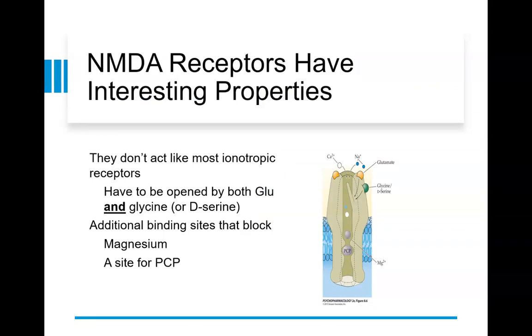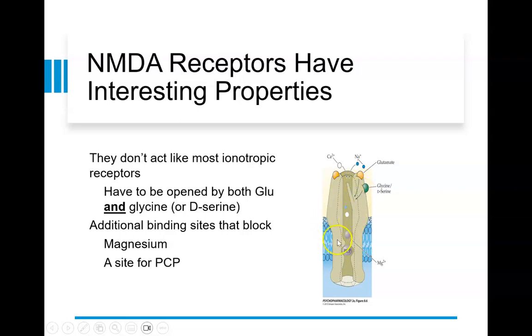So as I mentioned, NMDA receptors have some really interesting properties. They don't act like most ionotropic receptors. So I mentioned that they have to be opened by glutamate, but they also need to be opened by glycine. Glycine is another inhibitory neurotransmitter that we're not really going to talk about here. If glycine does not work, D-serine will do the job.